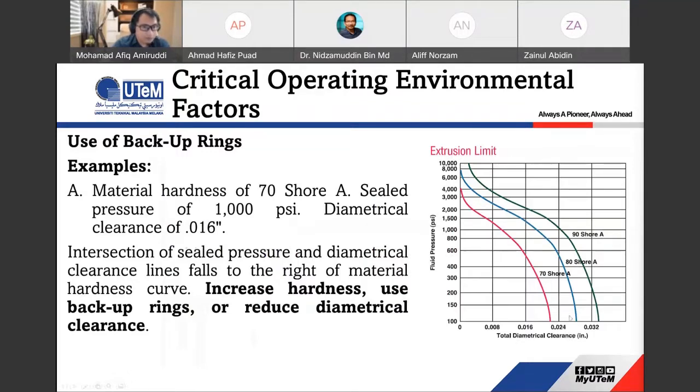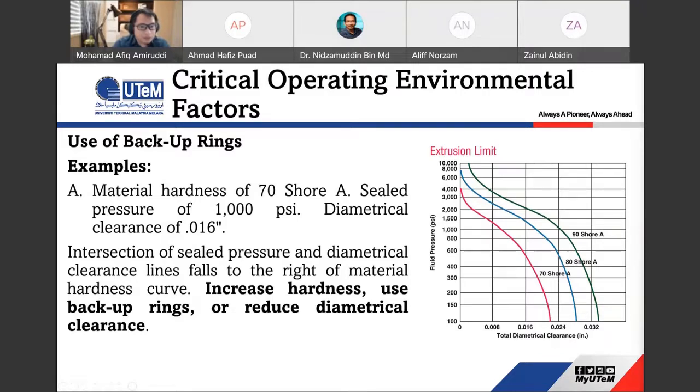If the material hardness is lower, it is easy for the O-ring to extrude. If the intersection of seal pressure and diametrical clearance line falls to the right of the material hardness curve, increase hardness, use a backup ring, or reduce diametrical clearance.